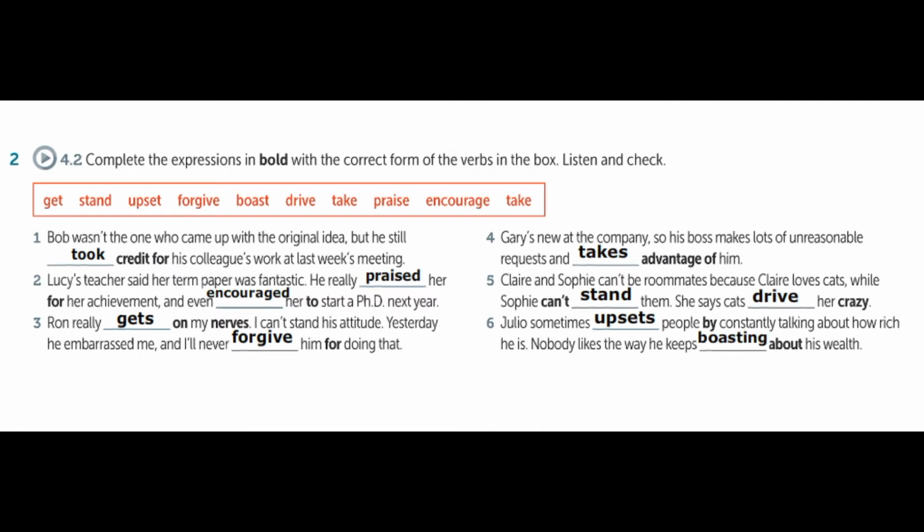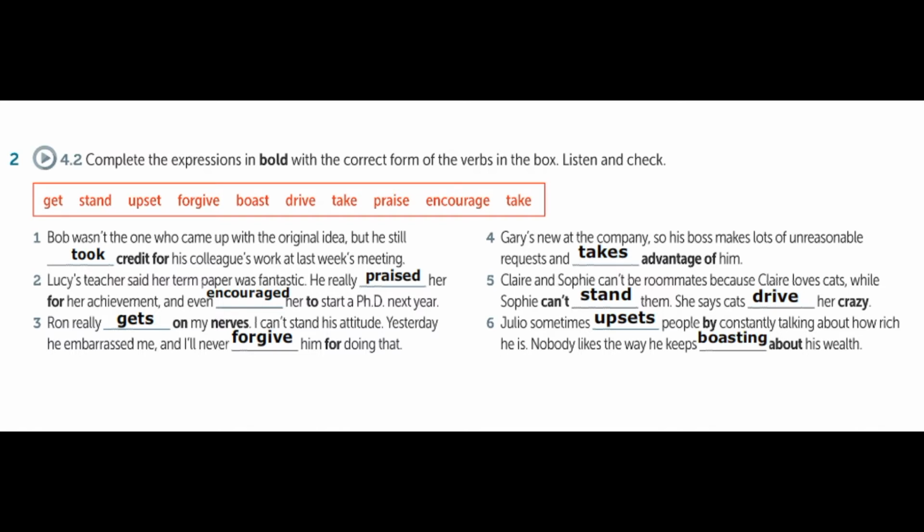Number three, get on my nerves. Number three, it's wrong. So wrong, gets on my nerves. It means that I can't tolerate, I can't stand his attitude, right? And when I say that I'll never forgive him for doing that, it means that I won't forget what he did. 4.